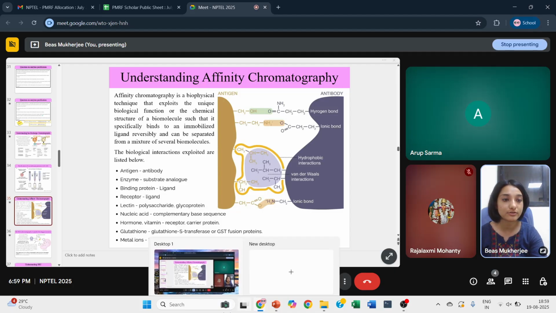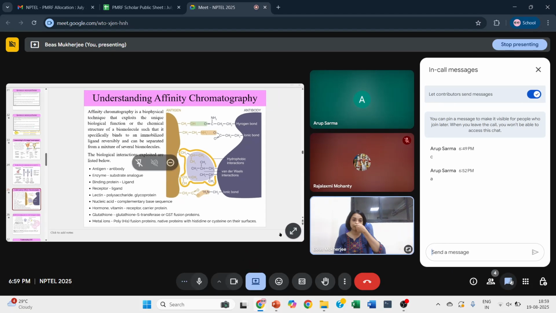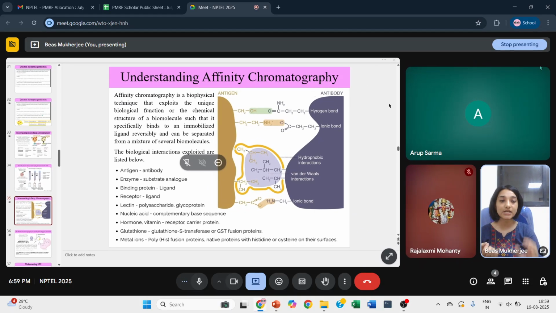You can answer in the chat box. Based on that, you will have to decide whether you're going to use a cation exchanger or anion exchange chromatography. Right? So that is how you're going to do it.